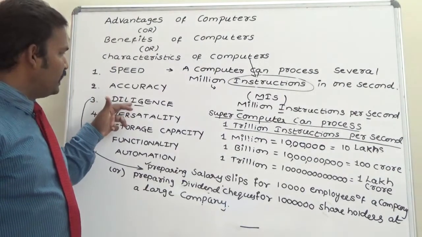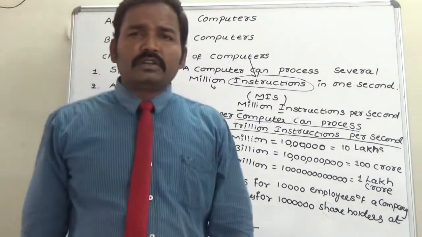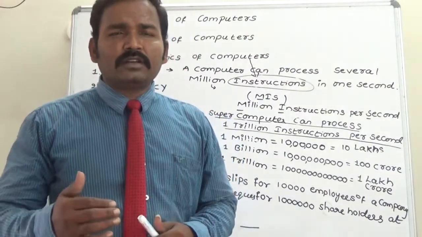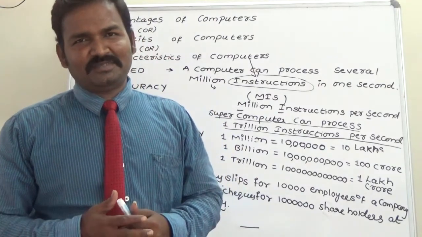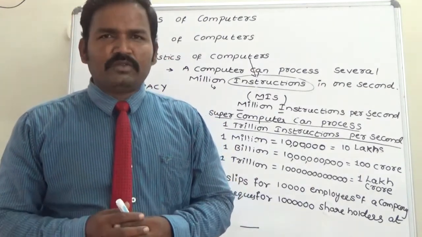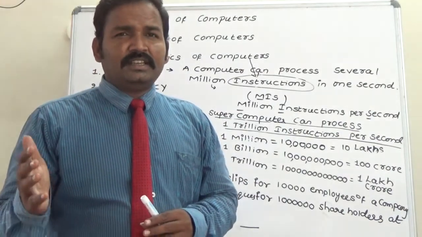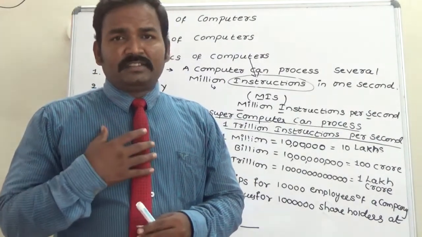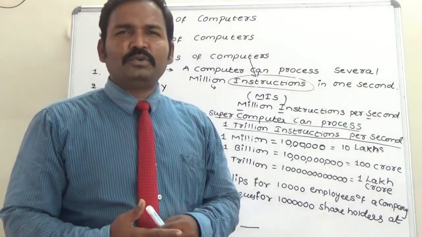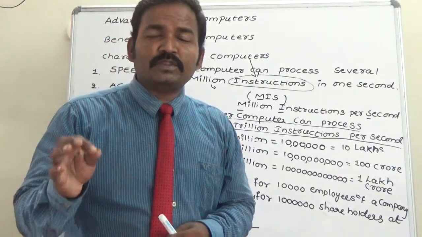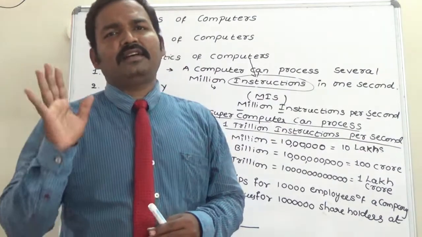So diligence means the computer can work for long hours without creating any mistakes. Human beings get tired and bored after a few hours of work, but a computer can work for long hours without creating any mistakes, at the same speed and accuracy.